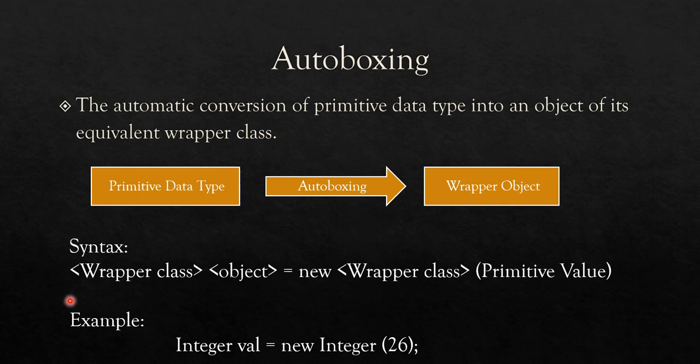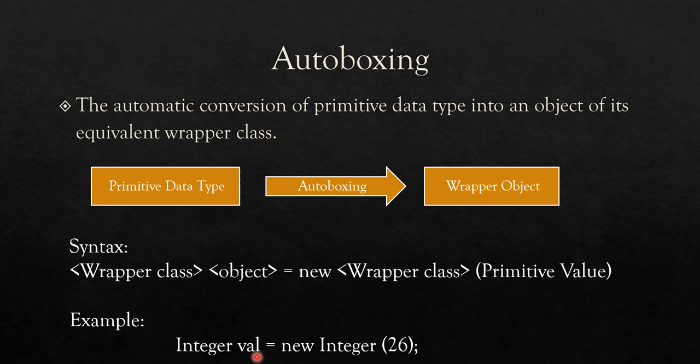You can see a syntax for doing it. You have the wrapper class, then an object, an equal to operator, then a new operator, then the wrapper class and the primitive value. This is only a syntax. You can see the example here. The wrapper class used is Integer, and the object used is val.